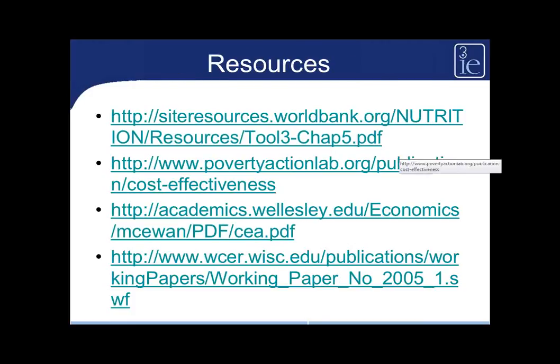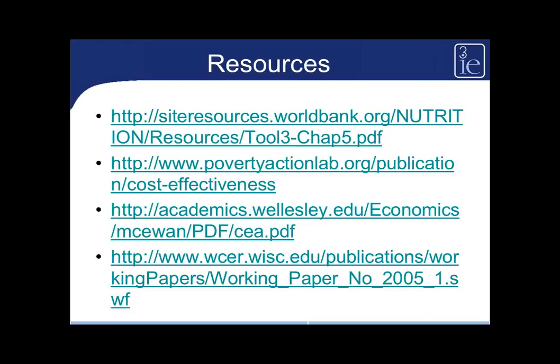Okay. I know this is not very good for presentation, but later when you have the slides, you'll probably want the links. Here are some resources. The first, from the World Bank, is actually a chapter, and it focuses on nutrition, but it's nice because it's presented in more of a tool format in terms of how you might fill in a table to understand your costs and your benefits.